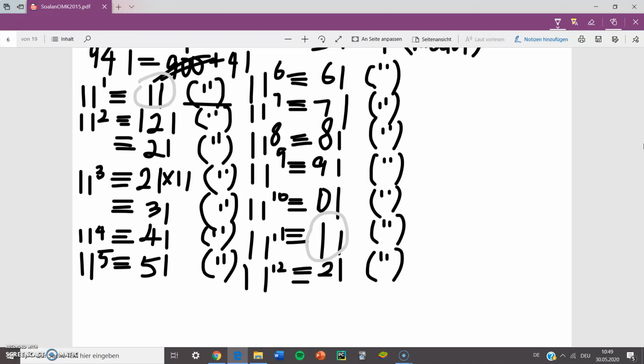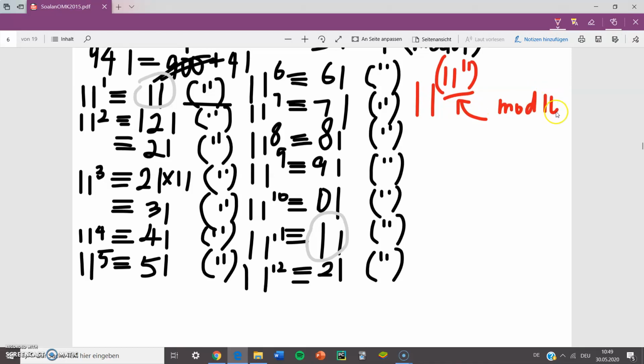We can see that it repeats every 10 powers. For every 10 consecutive powers, the sequence repeats itself; it's a cycle. So what we want to deduce is this exponent, mod 10, because we know there are 10 numbers per cycle.